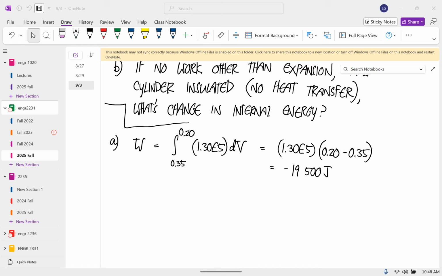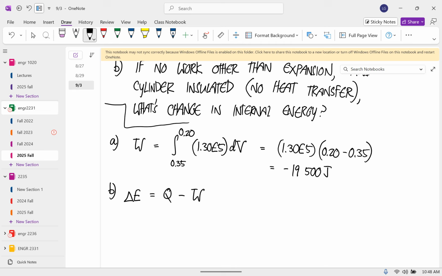And then for part B now, we're going to use the first law of thermodynamics. So it says the change in energy is equal to the heat added to the system minus the work done by the system onto the surroundings.